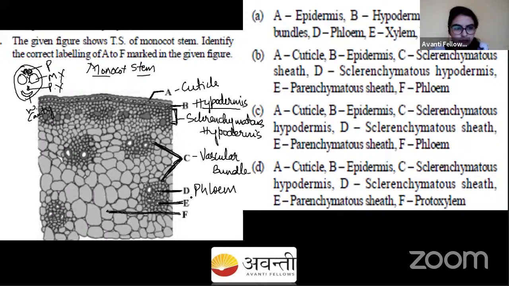So D is phloem, here at the top of the vascular bundle, and what is this E? This is metaxylem, so we can refer to it as xylem. And this H is nothing but the ground tissue. In the dicot stem, there was cortex and stele, but in the monocot stem, there is no cortex or stele. Here there is just cuticle, epidermis, and sclerenchymatous hypodermis. After that, whatever cells you are seeing are made up of loosely formed parenchyma cells.